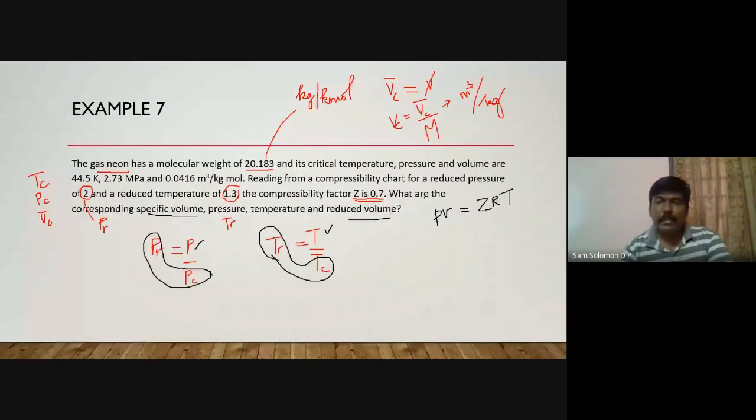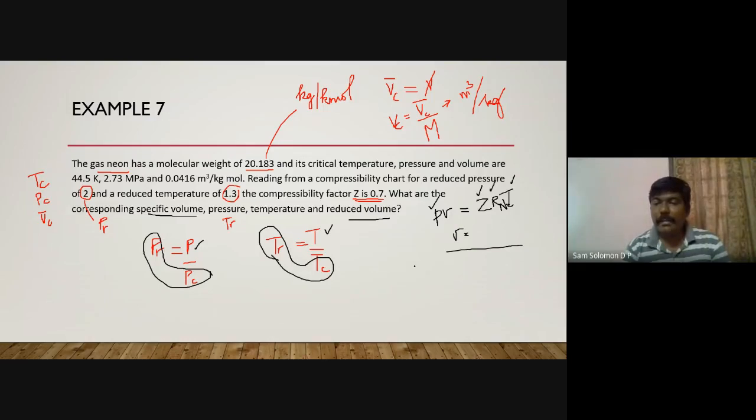So 8314.4 divided by 20.183, this R is R for neon. So R value is known, Z value is given as 0.7. Temperature we have found out just now, pressure we have found out just now. So you can estimate the value of the specific volume in meter cube per kilogram. So that is your specific volume v.